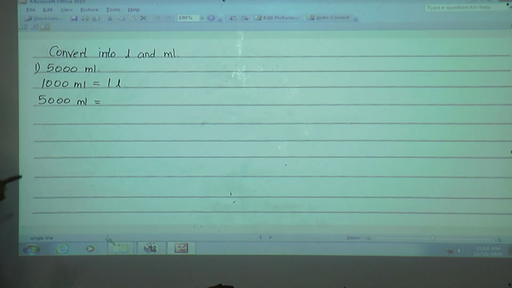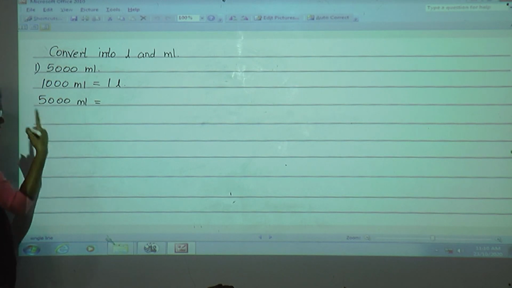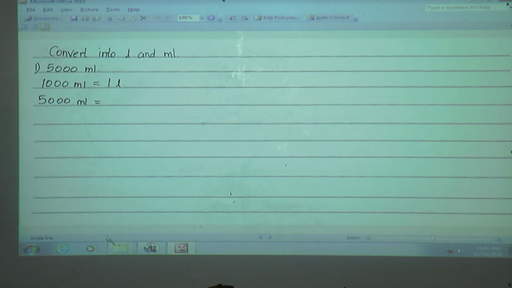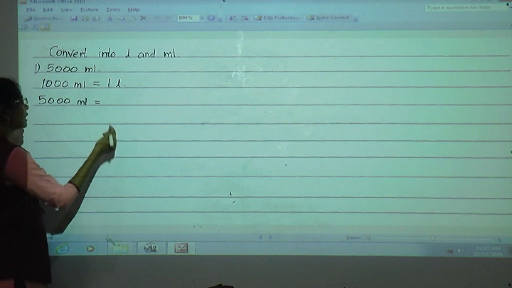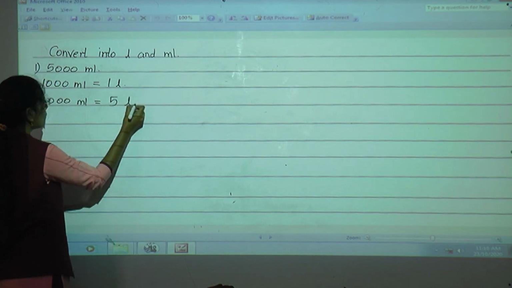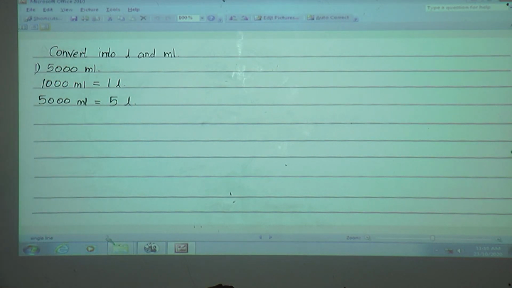Means if we want to convert milliliter into liter, then we have to remove 3 zeros or divide by 1000. Here we have 5000, so we remove 3 zeros, then it will be converted into liter. So 5000 ml is equal to 5 liter.